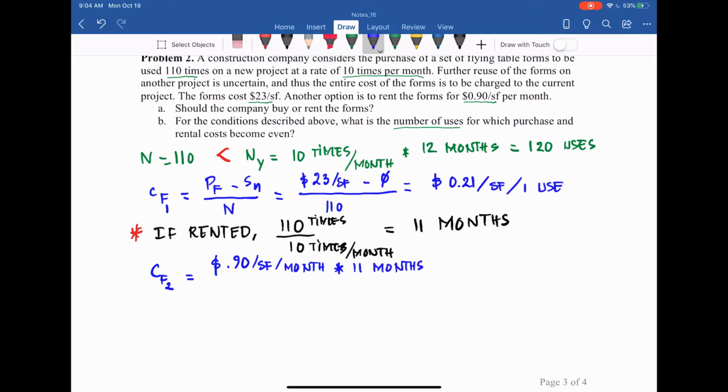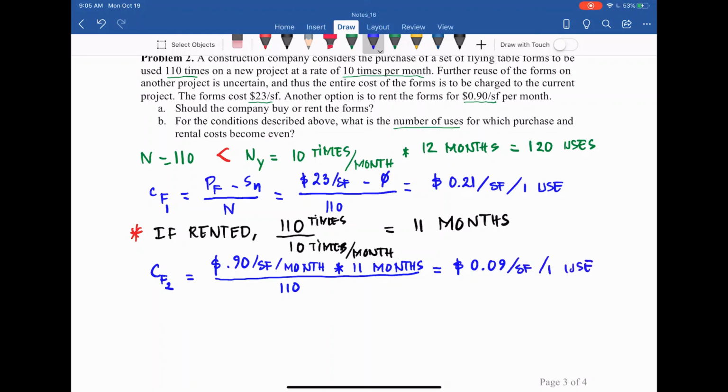And for 110 uses, we divide by 110 times to get the cost per use for 1 square foot. So from that, we have 0.09, so basically 9 cents per square foot per one use.